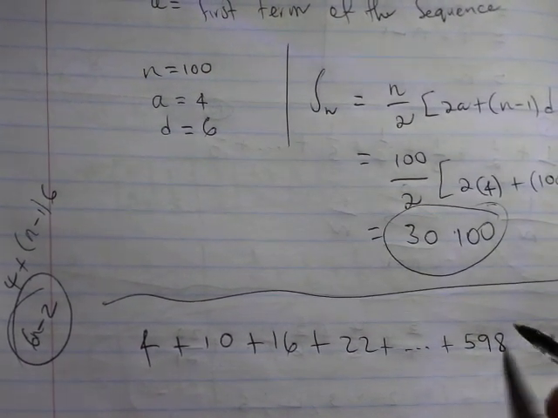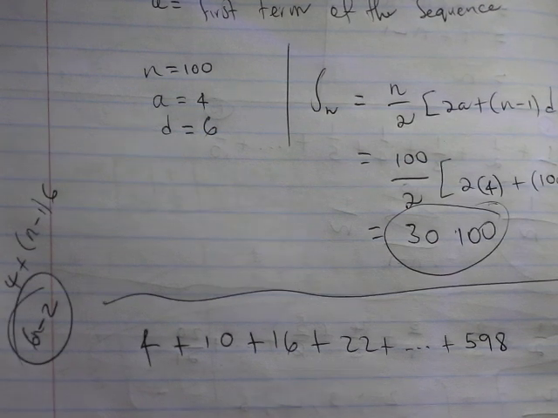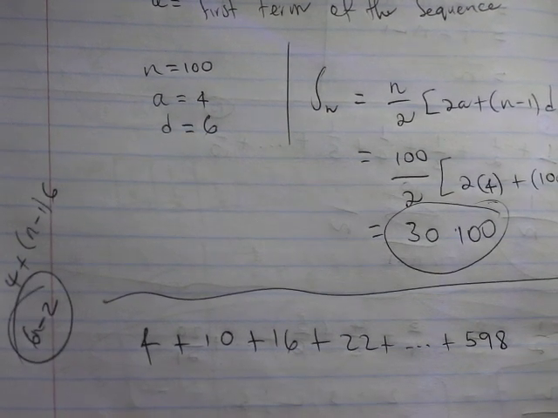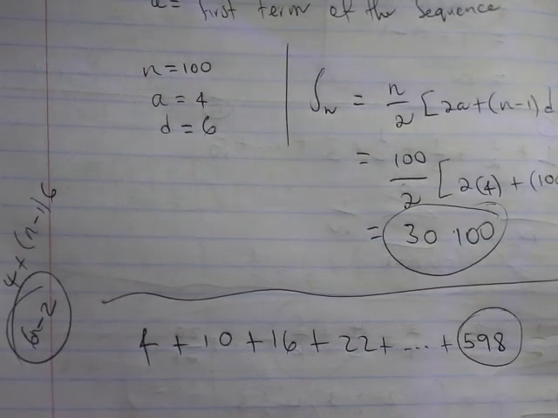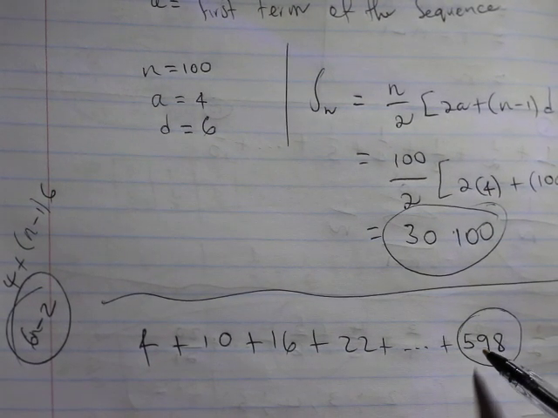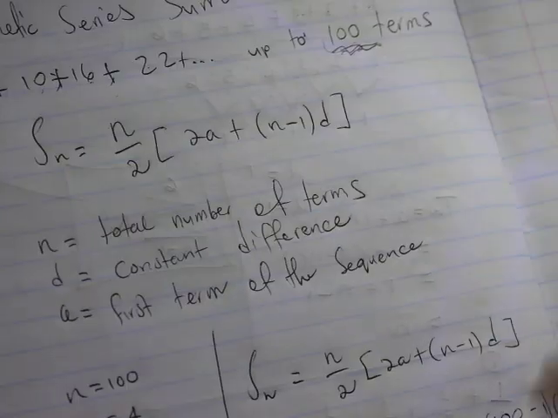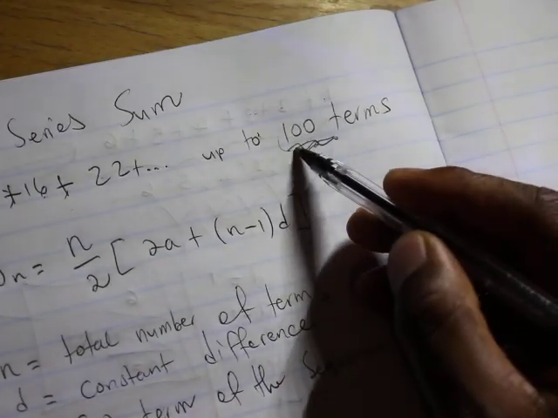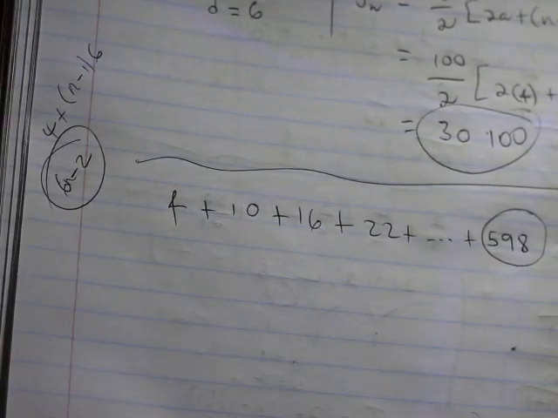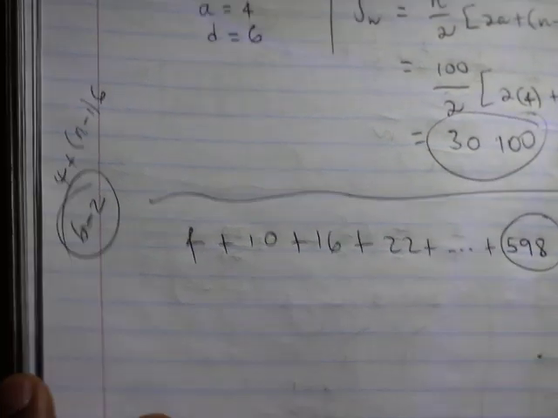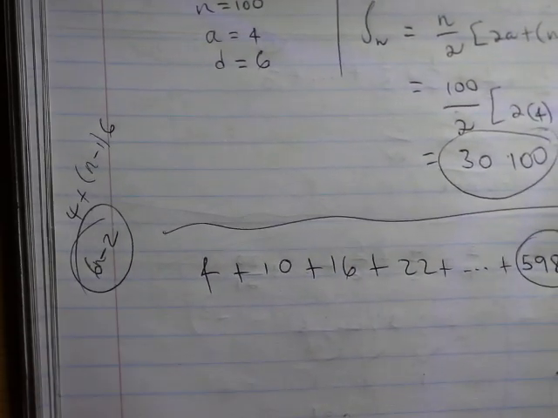So now they're saying we must sum all these numbers. This is the last term. Do you understand? We're given the value of the last term, but we don't necessarily know what the n is, in other words, the total number of terms within the series. You understand?